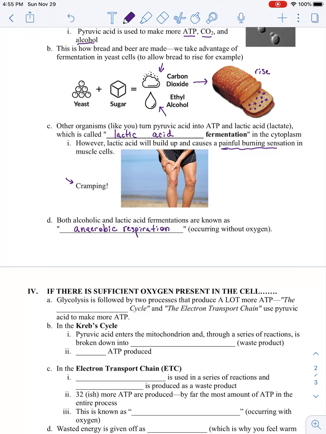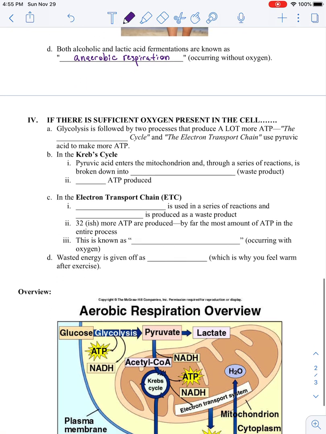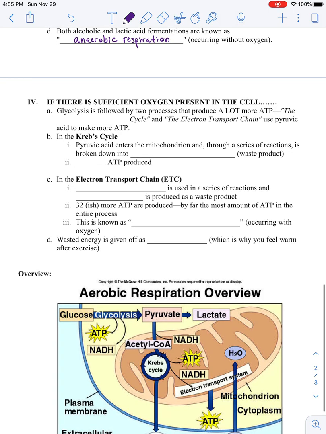Your cells want to be using oxygen because that's going to get the most amount of ATP, the most bang for your buck. So what normally will happen is the cell does have enough oxygen present to then move the pyruvic acid into the mitochondria and continue to break it down.